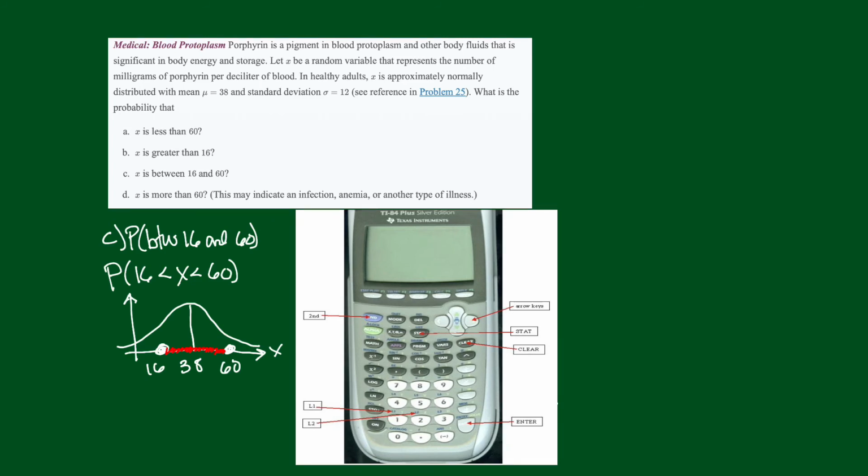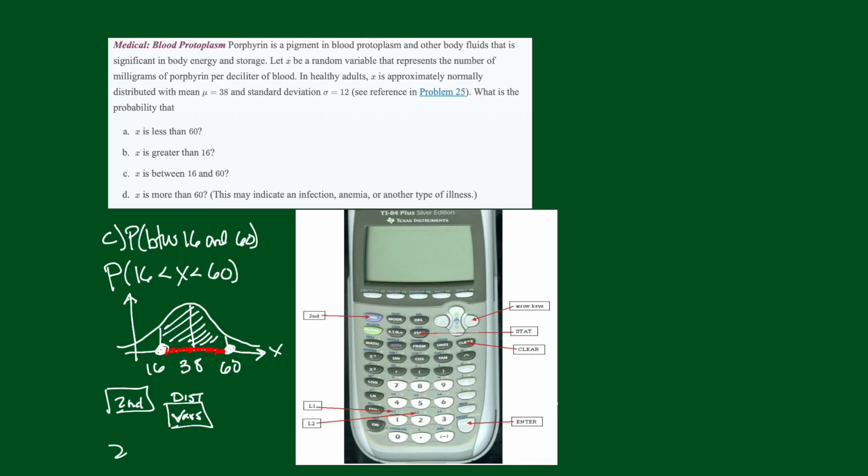Well, we're going to get this by measuring this area, right? The area over that interval and under the curve. So what are we going to do? Well, same thing we've been doing. You're going to press second, vars, right? Vars, you get distribution.